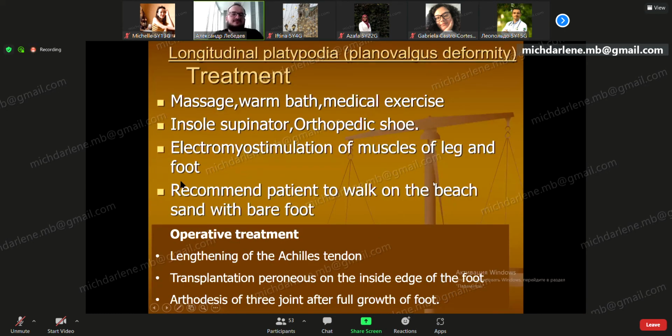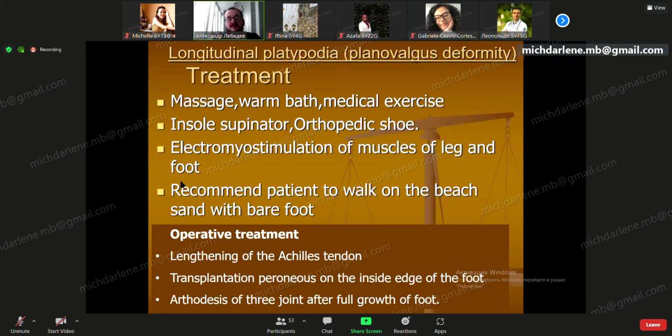Treatment. Oh, it's a great problem, students, I told you, because it's such a long process without any fast results, and with a great deal of work with the parents.